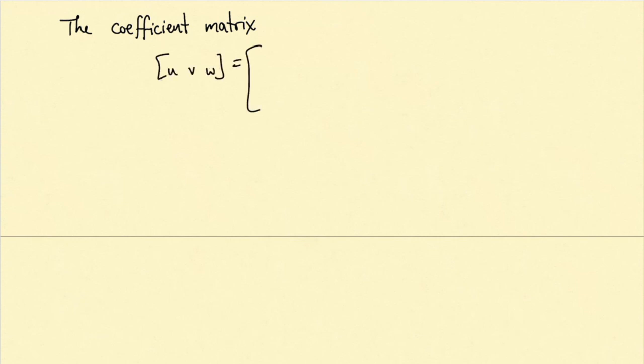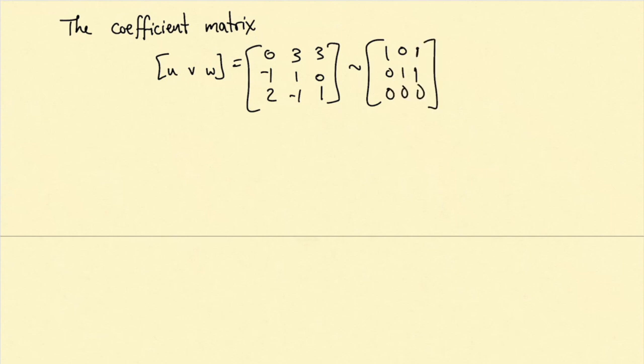To do this, we simply need to think about the reduced row echelon form of our coefficient matrix. If we shift our perspective just slightly by thinking about each of these three matrices as augmented matrices, then we can see that w, in fact, can be expressed as a linear combination of u and v, where the weights are simply 1 and 1.